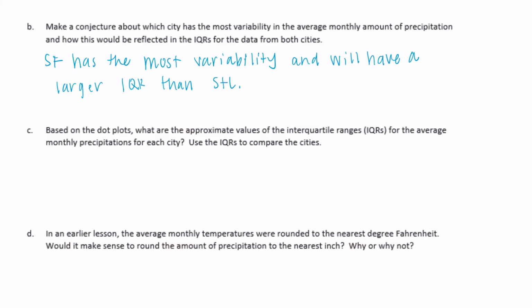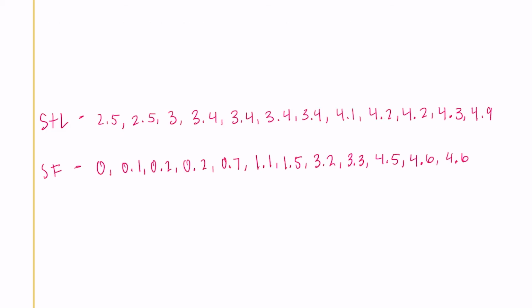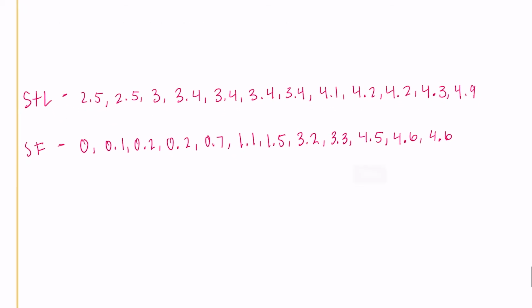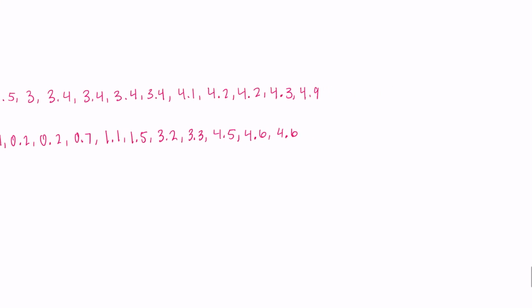All right, I've listed them out from the data in order of least to greatest. So let's go ahead and find the minimum, maximum, median, quartile 1 and quartile 3.